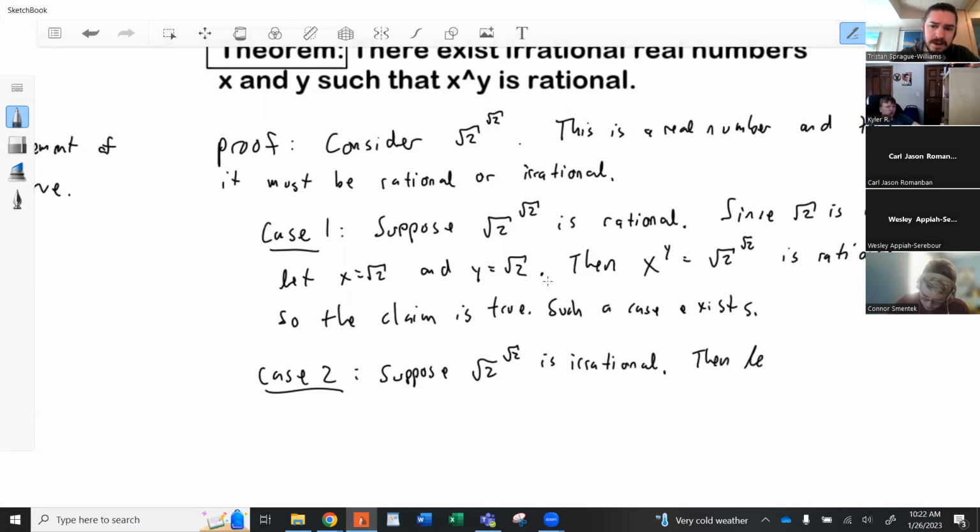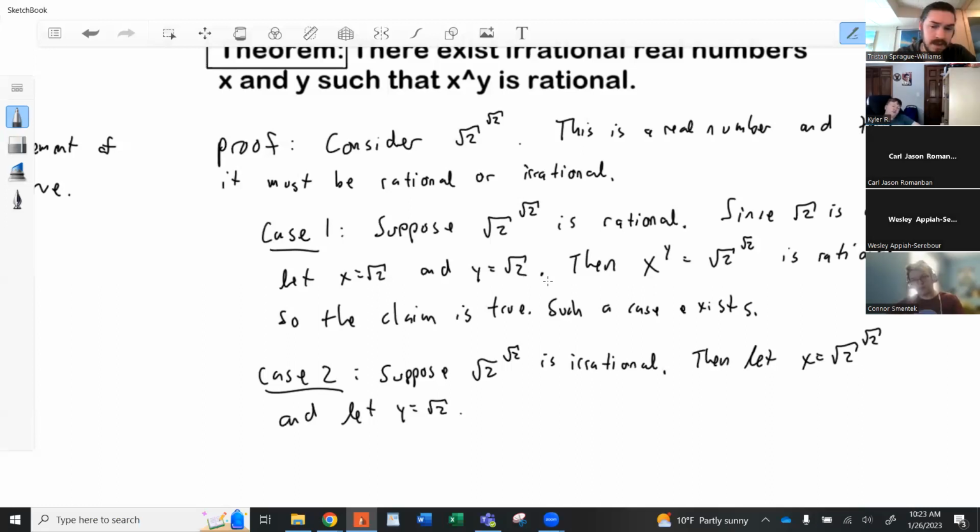Then let x equal that number, which is irrational in this case, right? In this version of the universe. So let x equal that number, and let y equal the square root of 2, which, as stated earlier, is irrational. We're relying on that.